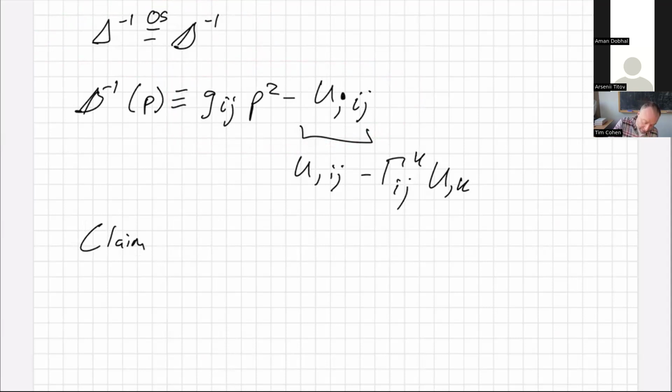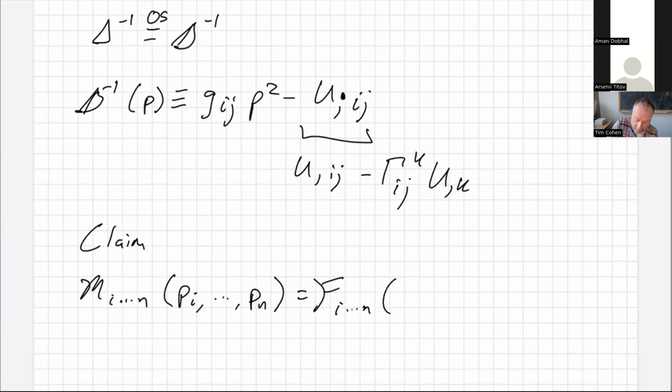The main claim is that the amplitude with indices i through n, as a function of p_i, is some function of propagators and vertices V. This is the Feynman diagram expansion.